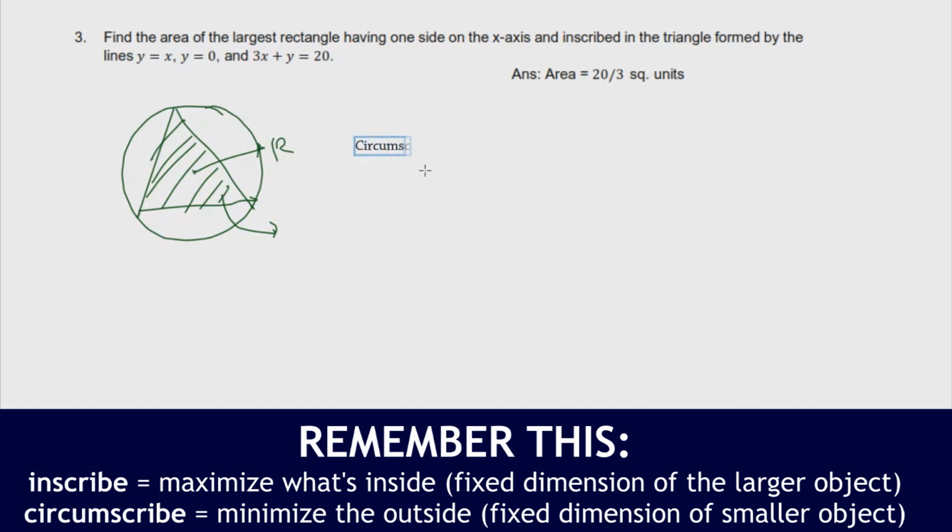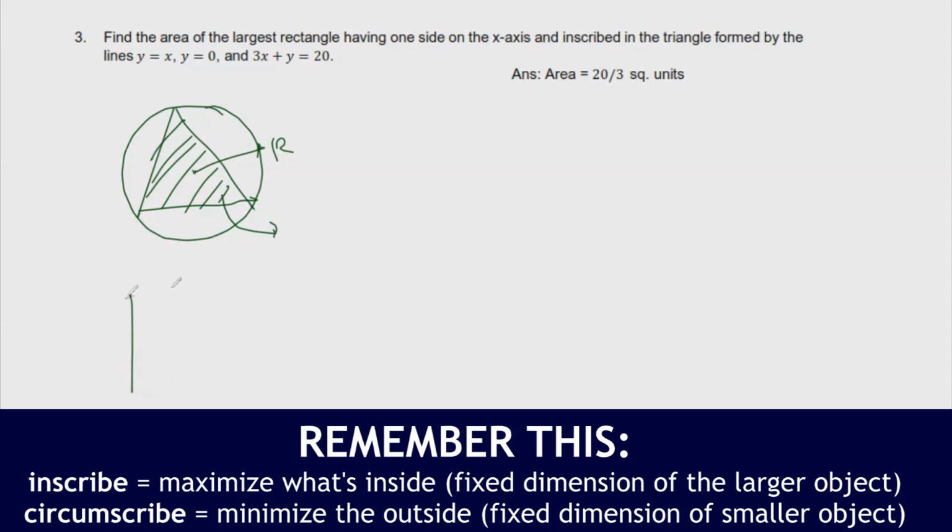I'll just be doing some subtitle here. So if it's circumscribed, then the fixed dimensions are the dimensions of the shape or figure inside. And if it's inscribed, then the constant parameters are those of the larger figure or shape. In this case, if it's inscribed, the fixed one is the circle.